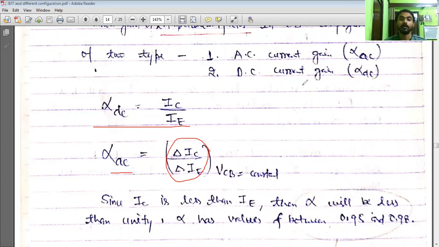Now this IC is less than IE, right? Now IE is more and IC is less, so the denominator is higher, so alpha will be less, and that is why the current gain in the CB configuration is less than unity. We know that already, and that is between 0.95 and 0.98.